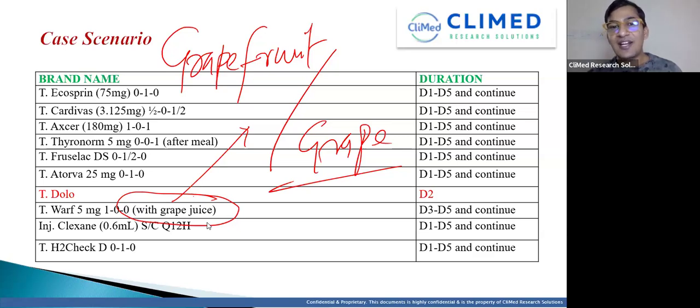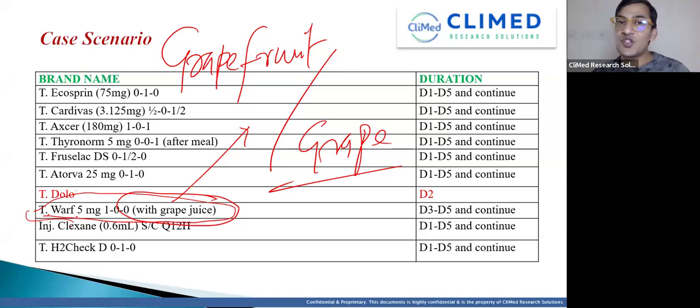Grapefruit is the citrus family. Today you go and search on Google what grapefruit is. There is no harm giving warfarin with grape juice if it is given, I'm telling you, but not grapefruit juice.